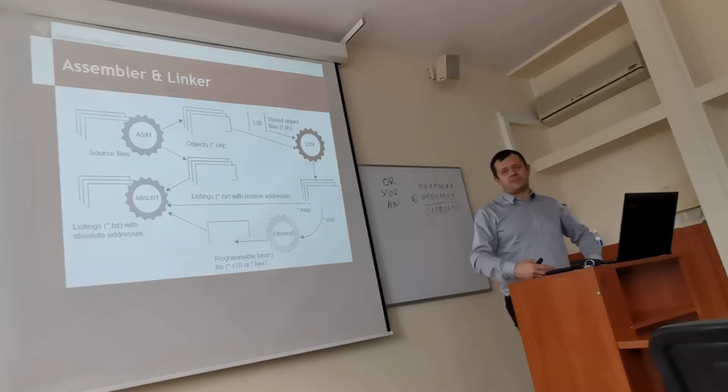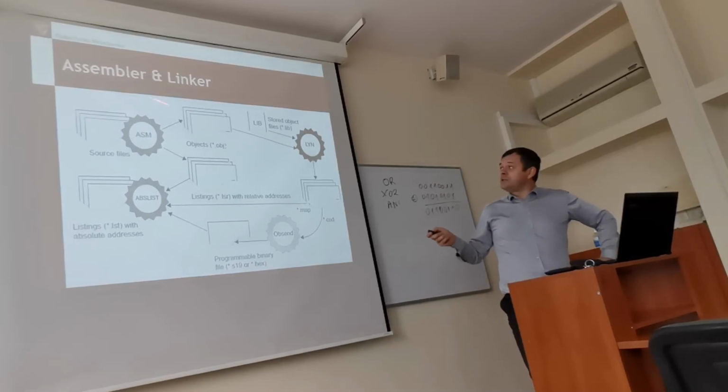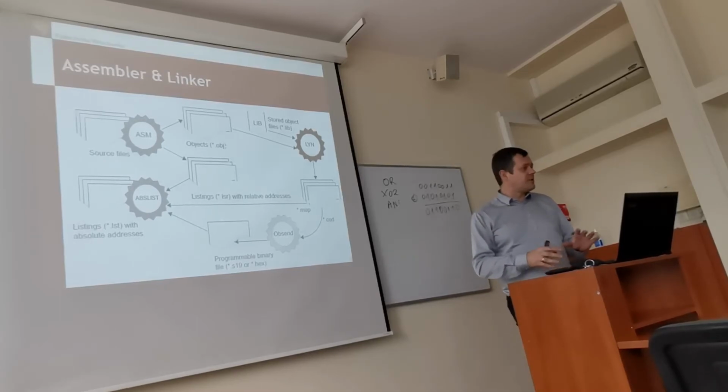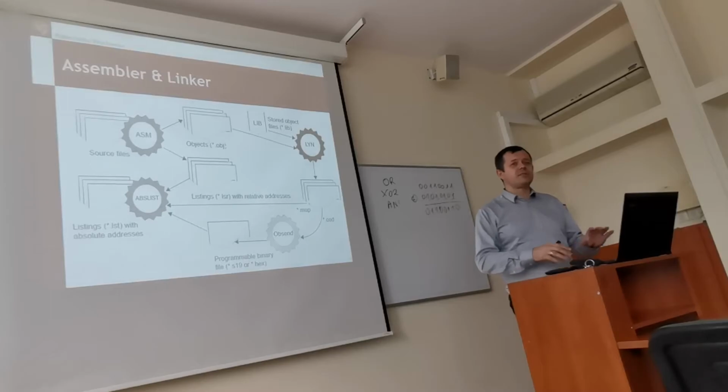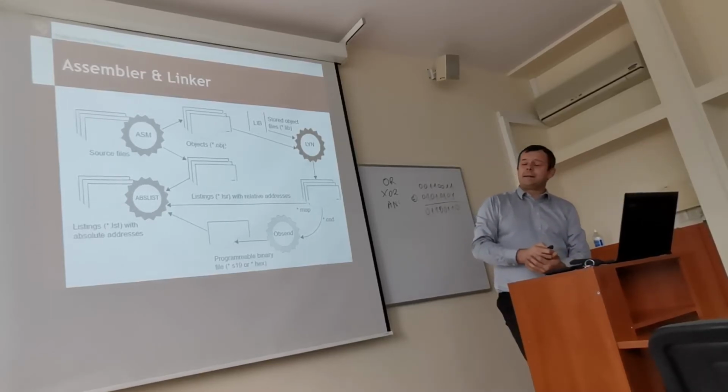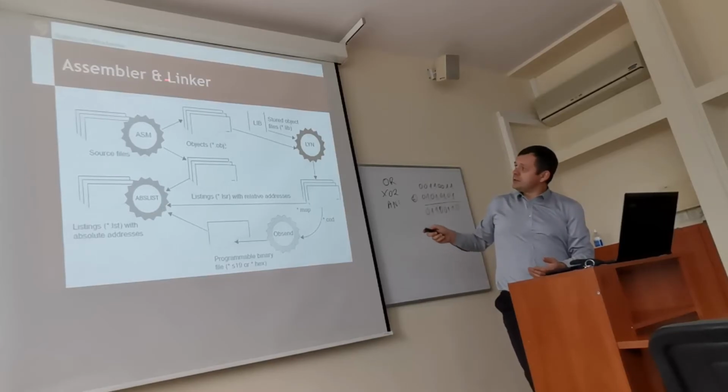We get object files with an internal structure depending on the compiler, some internal relocatable pseudocode, because there is no direct addressing, so every procedure is relative in terms of addressing.